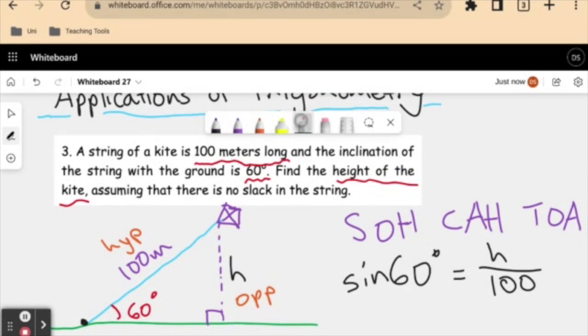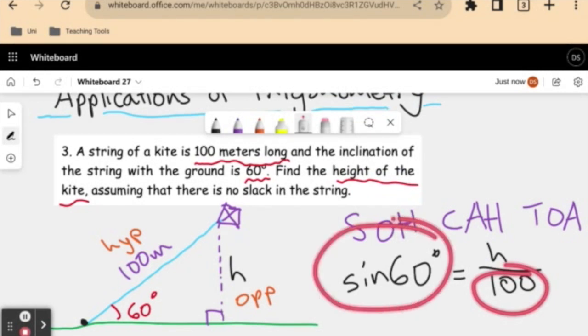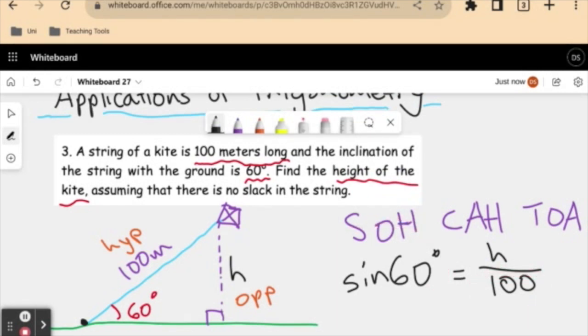We want to isolate h. We know that some number h, which when divided by 100, gives us sine 60. Therefore, we can represent our height as a product of 100 and sine 60 degrees.